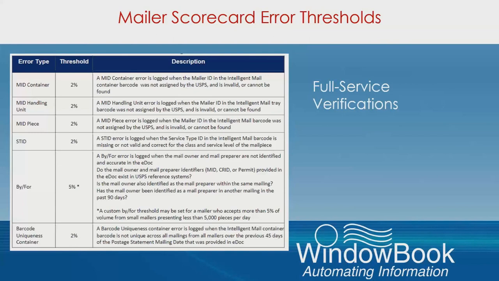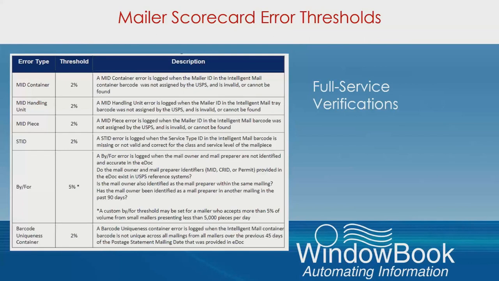The by-for validation checks that the mail owner and mail preparer are properly identified in the EDOC. Now, these entities can be identified by MID, by CRID, or permit information, and there's a specific order of precedence that the Postal Service uses.